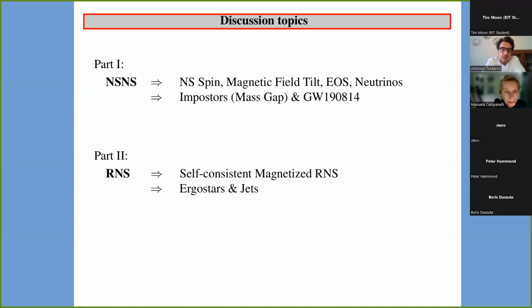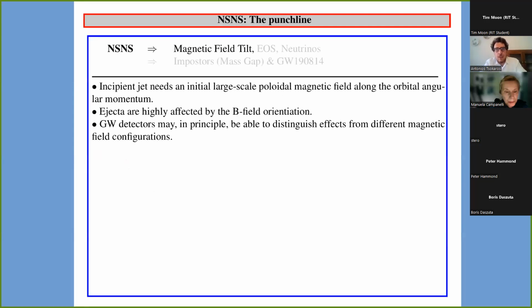In the second part, which is going to be smaller, I'm going to talk about recent progress on computing self-consistent magnetized rotating neutron stars, as well as neutron stars that contain ergo regions and their connections to relativistic jets. So let me start with part one.